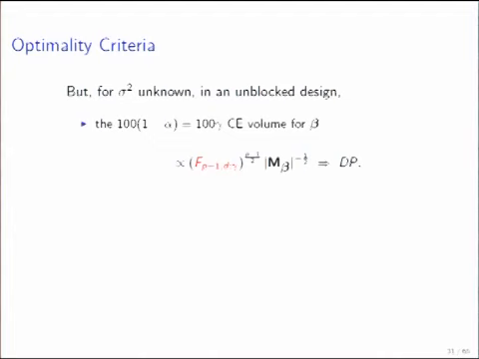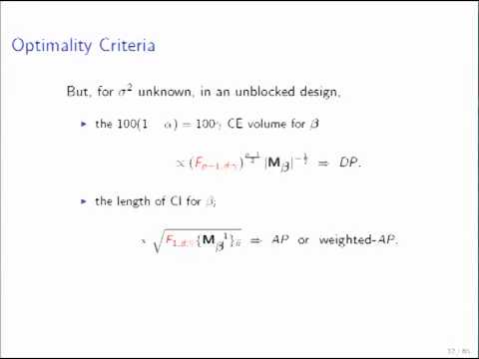So this leads us to a new criterion called the DP criterion, where P means pure error, allowing for pure error. The same we can say if we think about constructing confidence intervals for individual parameters.